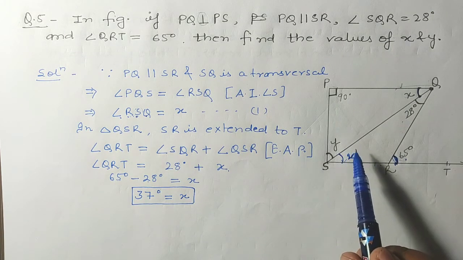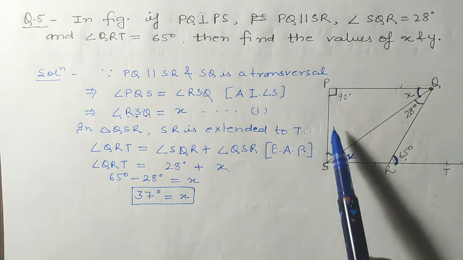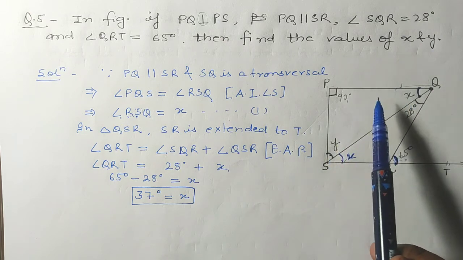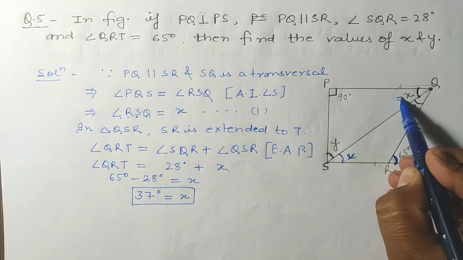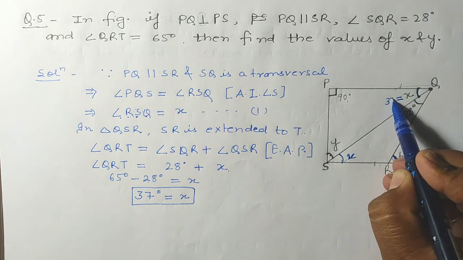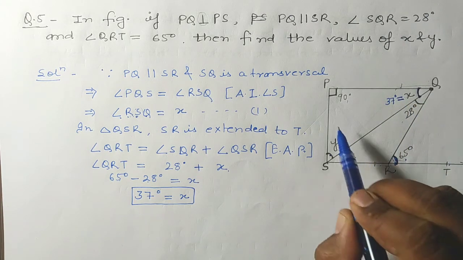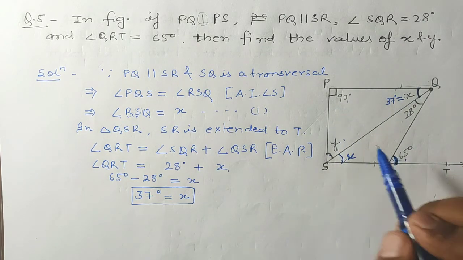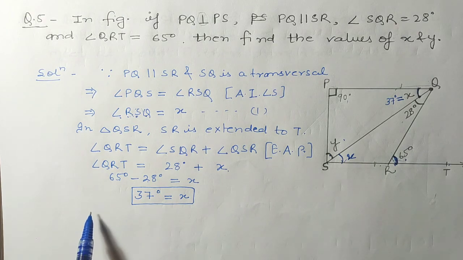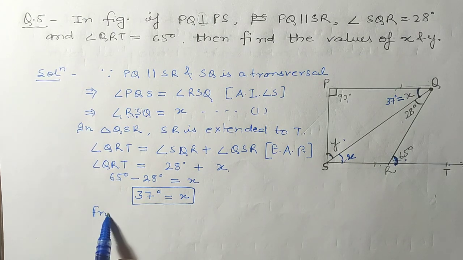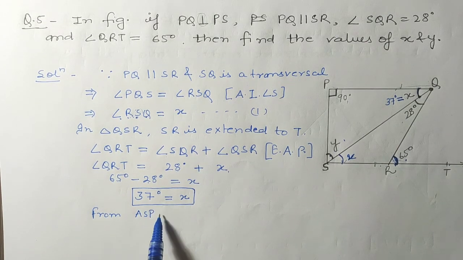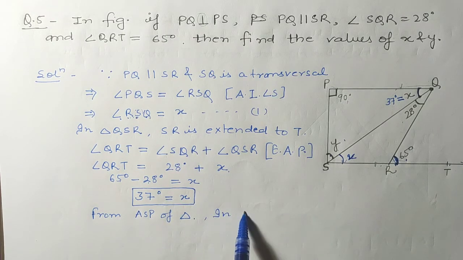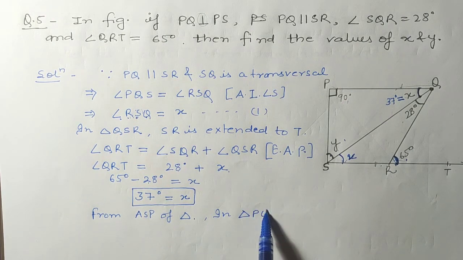And if the value of X is 37 degree, we can easily find the value of angle Y. How can we find it? See, PQS is a triangle. We can apply the angle sum property because now we have the value of X, that is 37 degree. Out of 3 values we know 2 values, so we can easily find the third one by applying the angle sum property of a triangle.